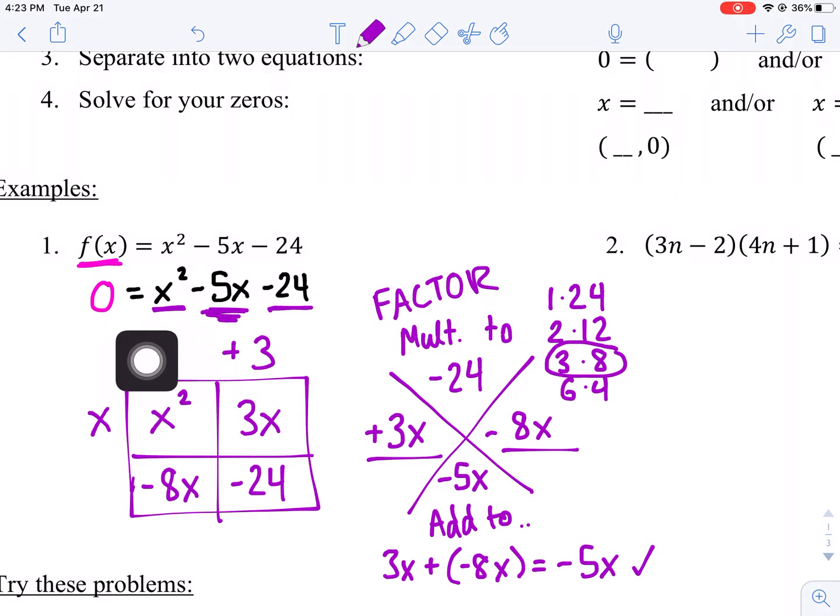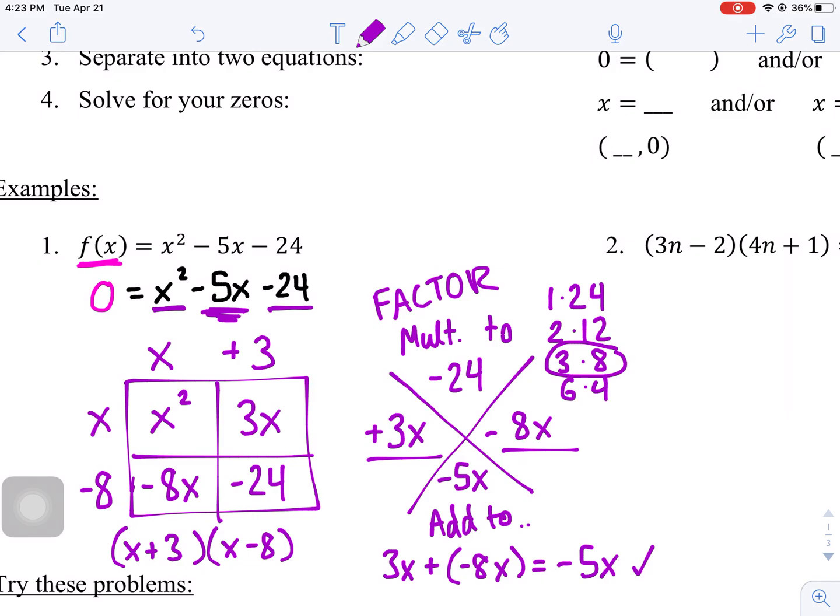And x times negative 8 is negative 8x. So, our factored form for our equation is x plus 3 times x minus 8.